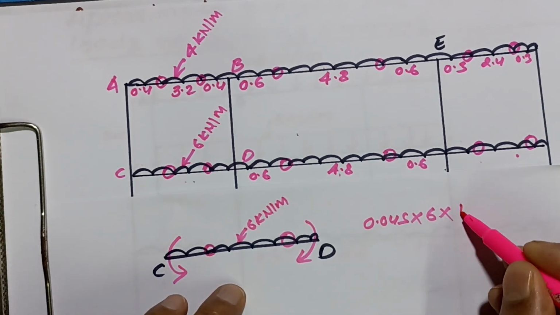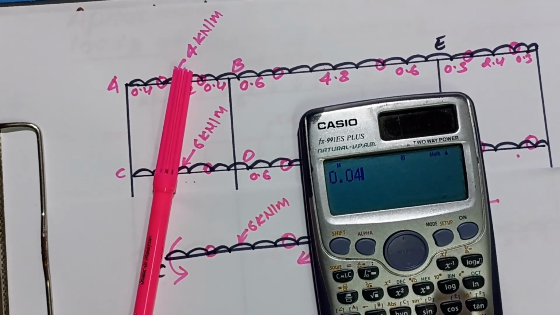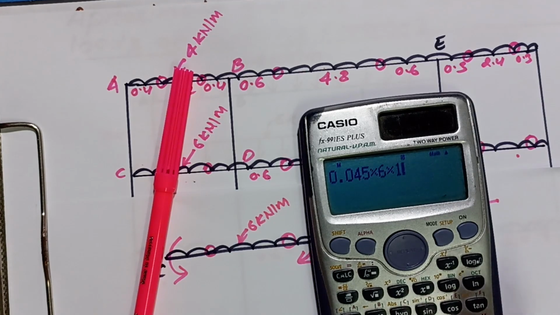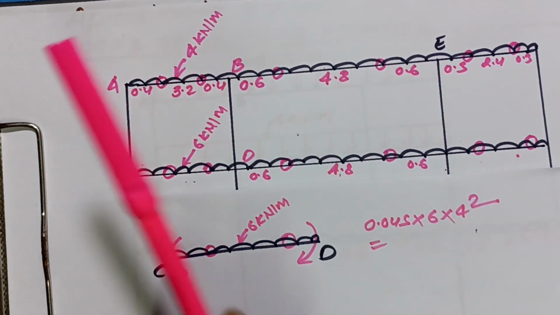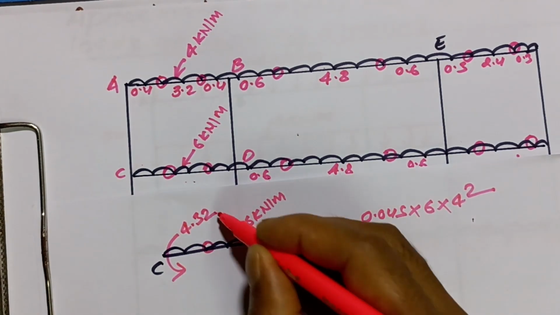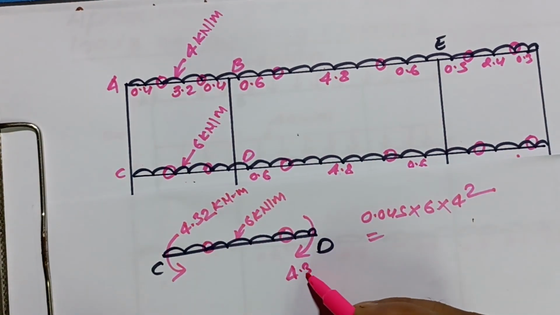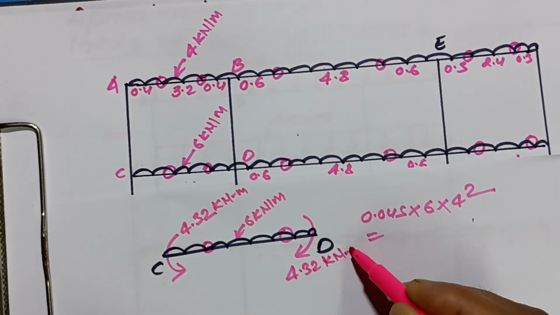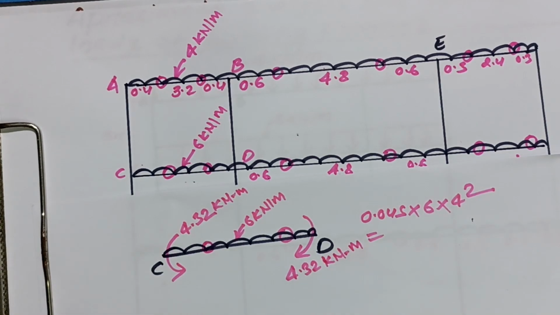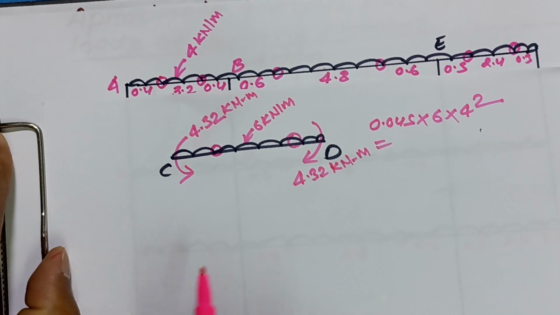Span is 4, so 4 square. 0.045 into 6 into 4 square is 4.32. This value will be 4.32 kilonewton meter, and this will also be 4.32 kilonewton meter. In a similar way we can calculate every part of the frame.